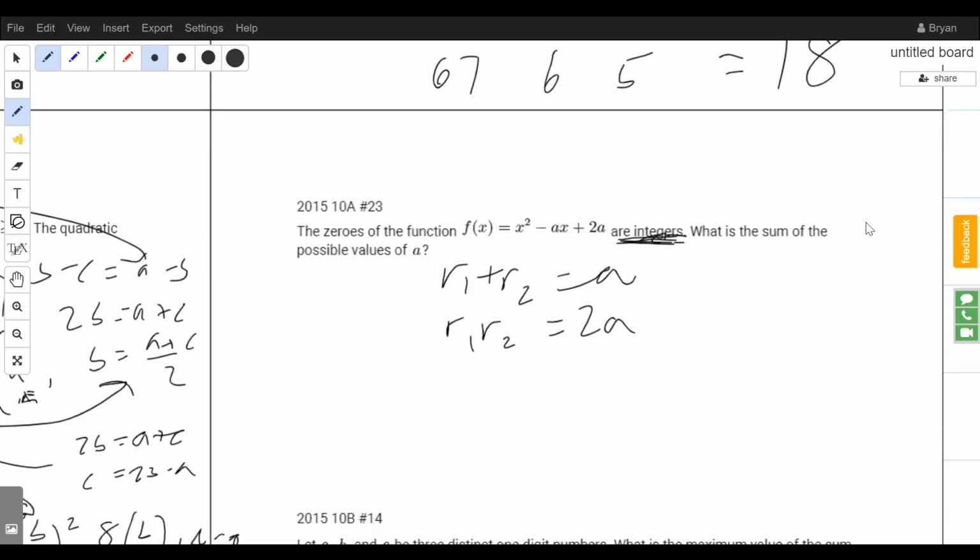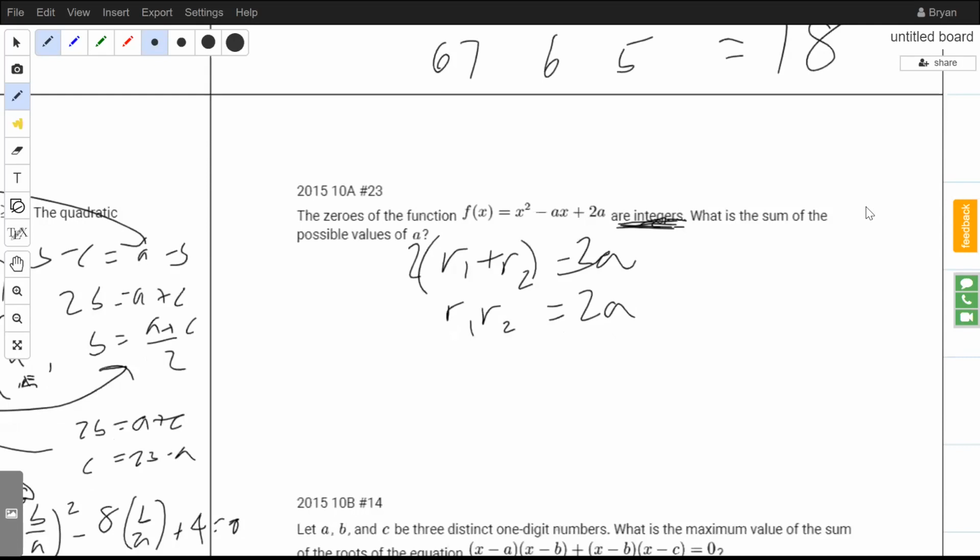Let's say a equals R1 plus R2, so 2a equals 2 times R1 plus R2, right? So we'd have R1 R2 equal to 2R1 plus 2R2. And what does this sort of look like? R1 R2 minus 2R1 minus 2R2 equals 0.